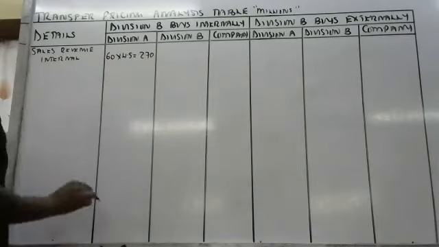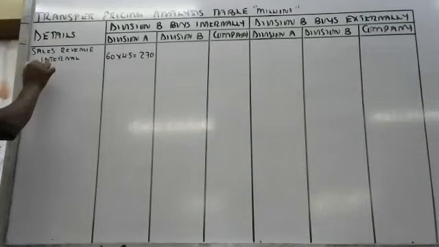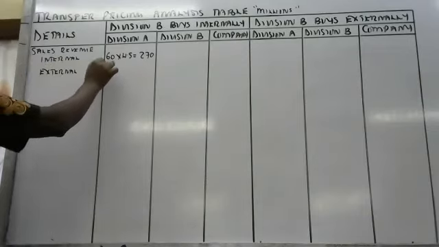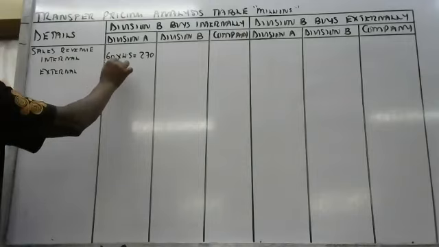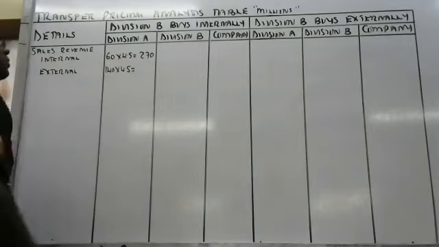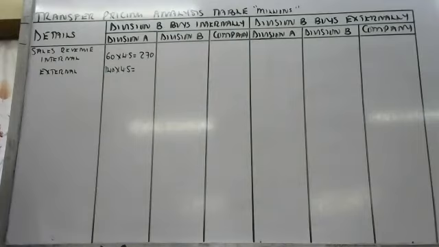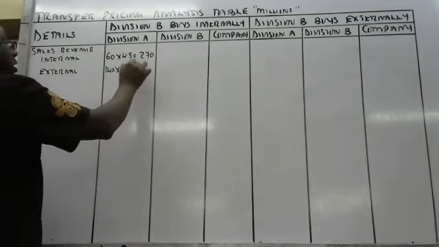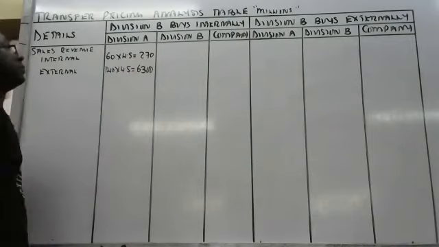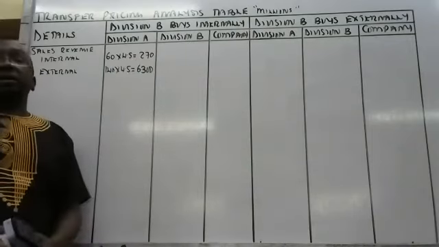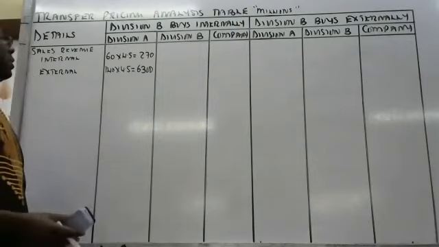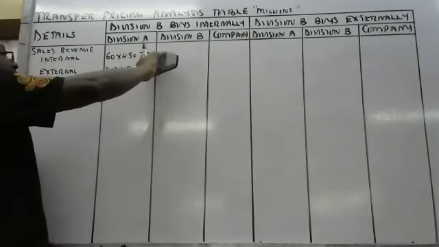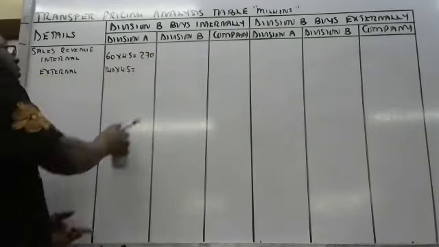So you get to share 270. Then the external, it is 140 times 4.5, 630.